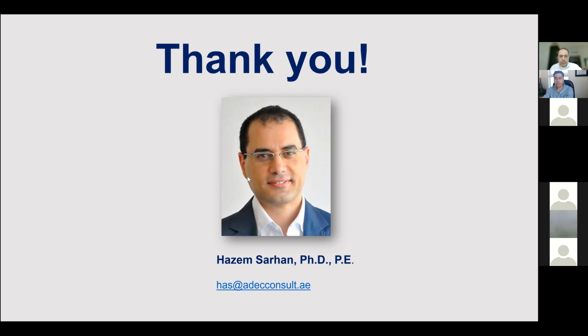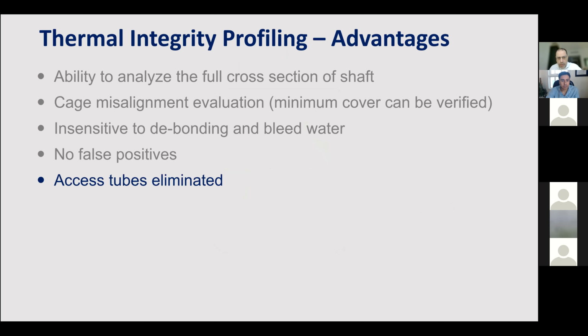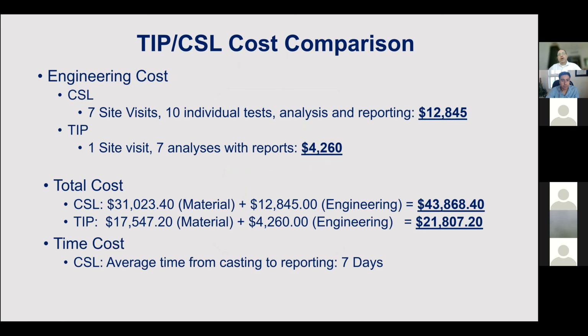Maybe this was asked before these slides, so I kind of gave a comparison between the relative costs for the tests. The thermal wires, yes, they have a cost, of course, but when you compare it to the CSL tubes, the post-grouting, the deployment of the engineers, and all these things add up. So in the end, if it's not cheaper, it will be comparable. Plus you take all the advantages in terms of seeing 100% of the cross section.